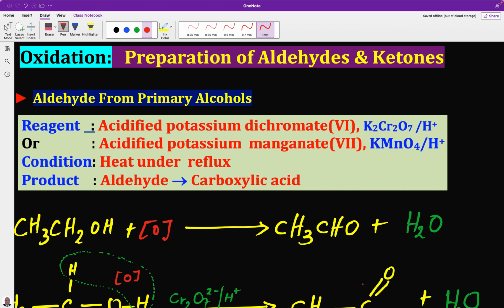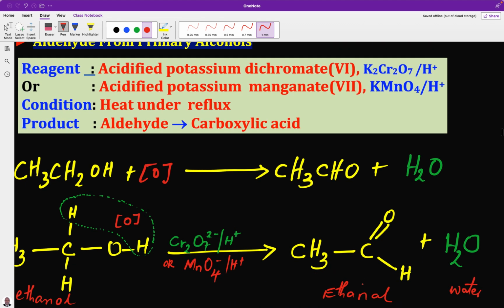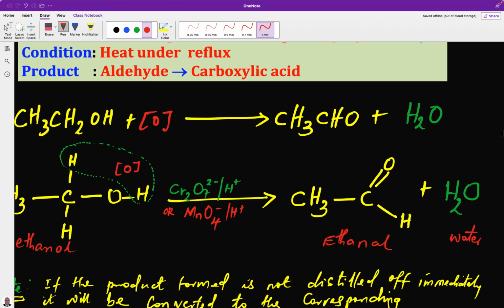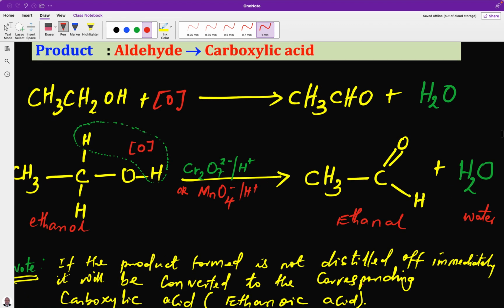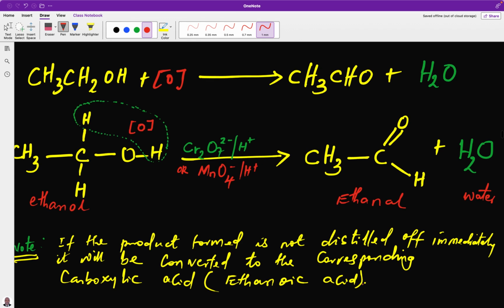Aldehydes can be prepared from primary alcohol using suitable reagent such as acidified potassium dichromate(VI) solution, or acidified potassium manganate(VII) solution. I said this is heated under reflux. With aldehyde, the product formed should be distilled off immediately, because if allowed for some time, it will further be converted to the corresponding carboxylic acid.